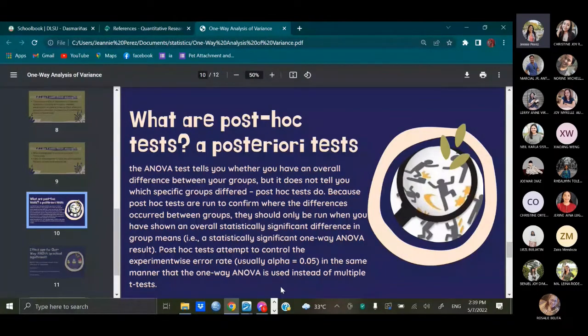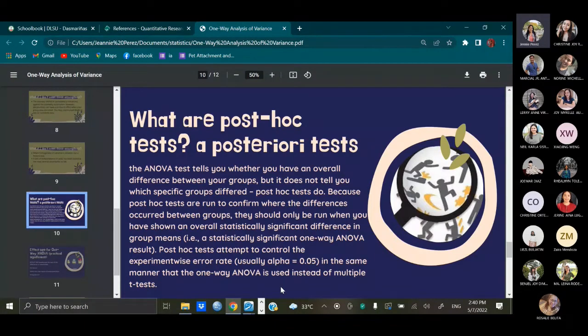Okay, you would be making pairwise combinations of all groups. For example, if you have three groups, then if you pair up all the three groups, you will come up with three pairs. Kunwari, group 1 will be paired with group 2, and group 1 will be paired with group 3, and group 3 will be paired with group 2. So there will be three possible pairwise combinations.